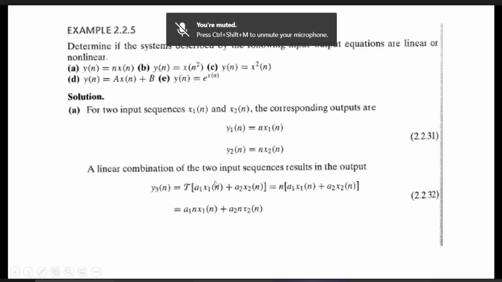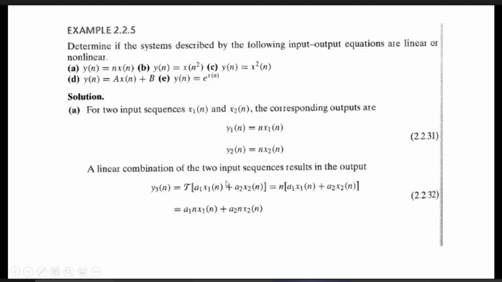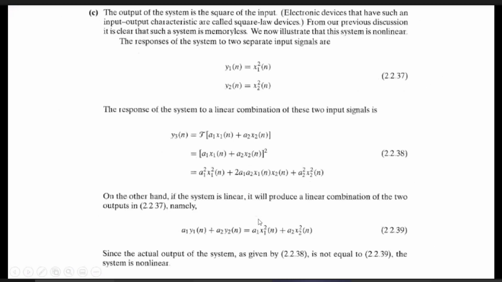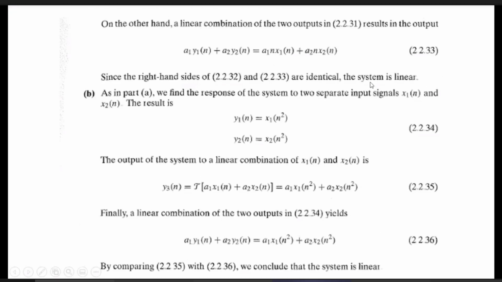If the inputs are simultaneously applied, the combined input is a1 x1[n] plus a2 x2[n], and they are multiplied with n, so n comes at the output. This is also the sum of the two outputs, y1[n] plus y2[n]. So that means it is actually linear.